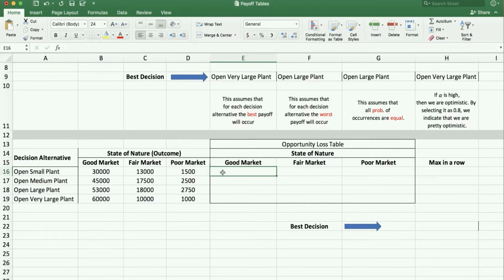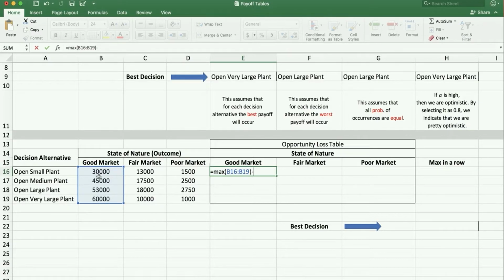Okay, so here is the approach. First of all, for each state of nature, we are going to find the best possible payoff. My first state of nature is the market being good, and the best payoff is found by finding the max of these 4 payoff values.